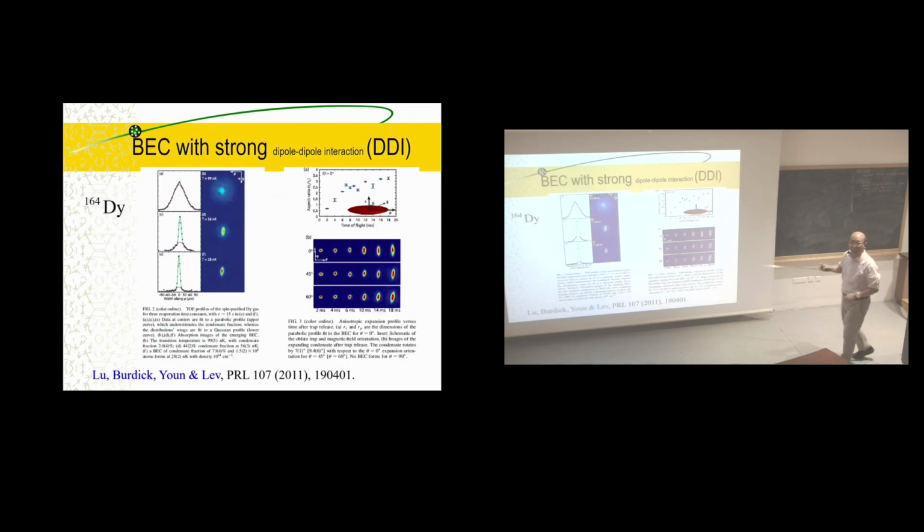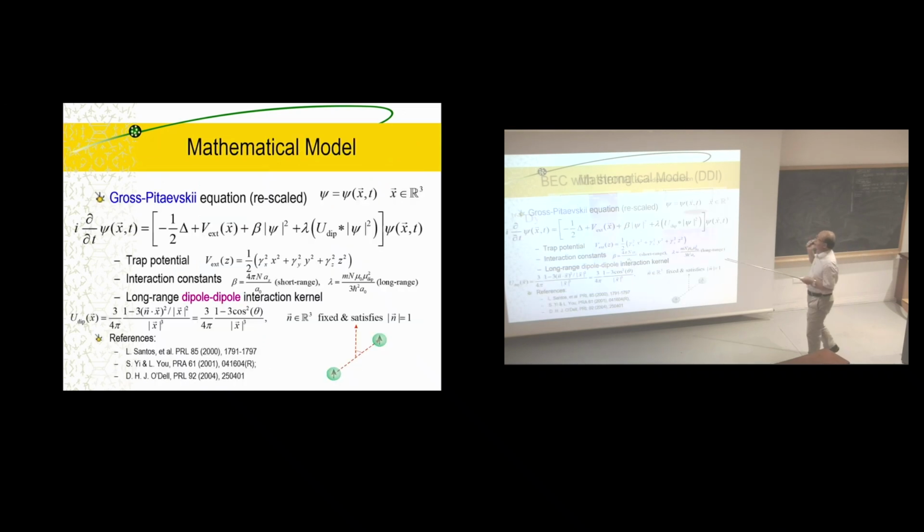I heard recently people use dipolar gases to study supersolids. Another experiment group, using dysprosium 164, can generate a stronger dipole-dipole interaction, or DDI in short, and they tested this. This is a profile of the gas at different times, showing it is really a dipolar condensate.